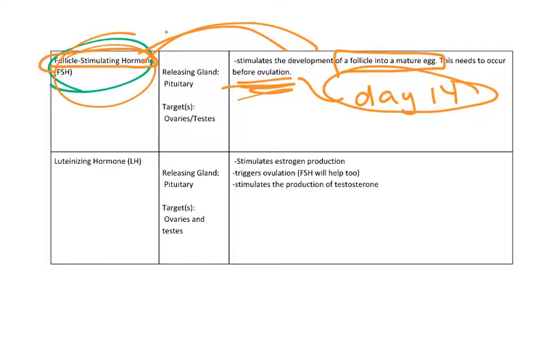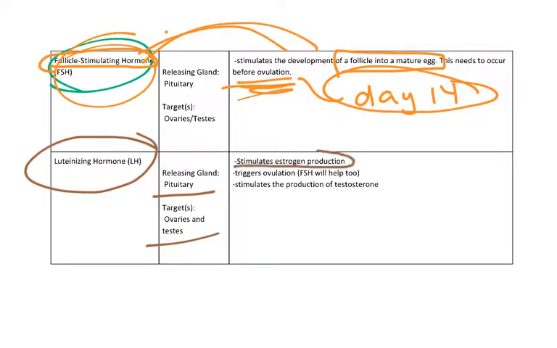Luteinizing hormone. When we look at luteinizing hormone, released from the pituitary, it targets your ovaries and testes. But when we specifically look at the female, it's going to stimulate estrogen production. This is important to understand, that there's a relationship between LH and your estrogen.